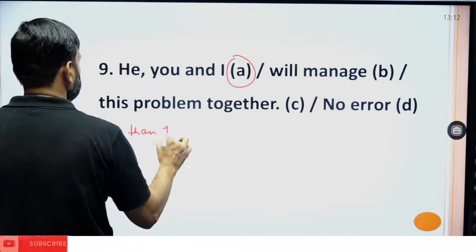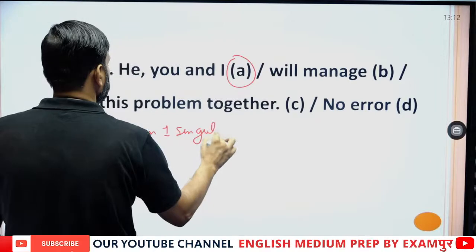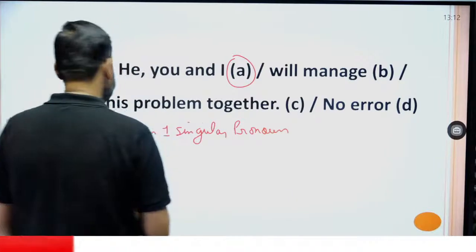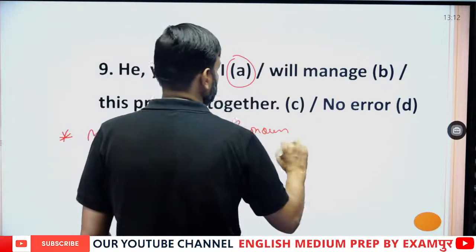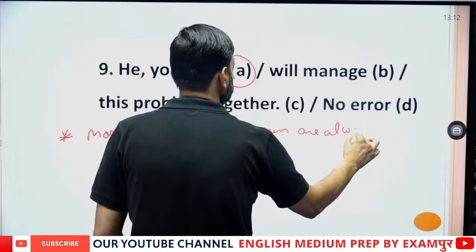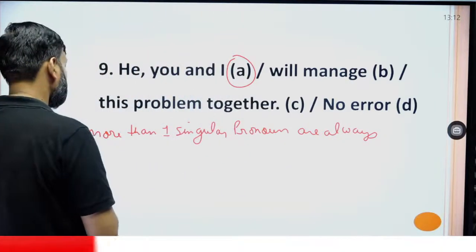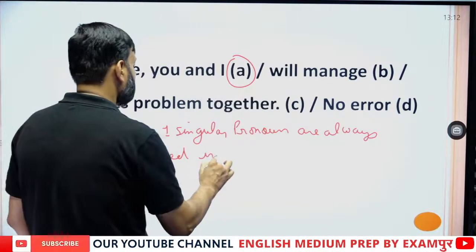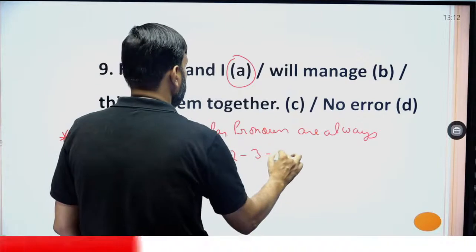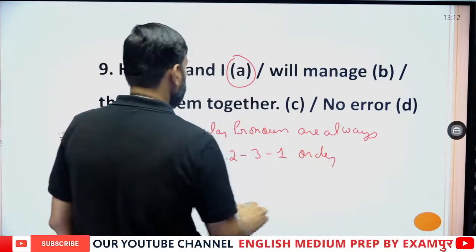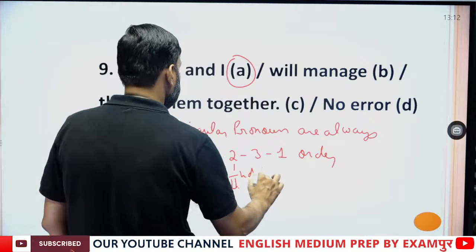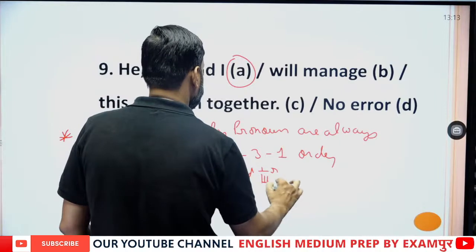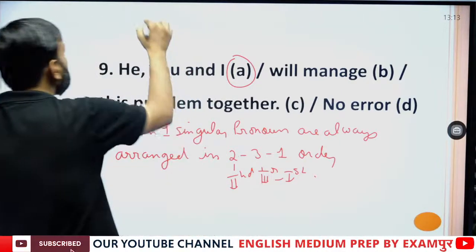whenever you find more than one singular pronoun, they are always arranged in 2-3-1 order. 2-3-1 means second person, third person and first person.